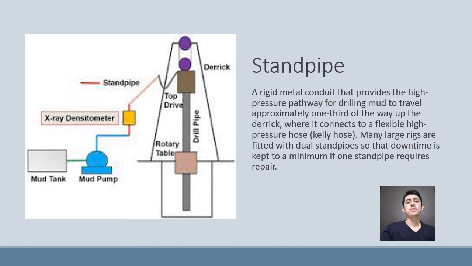Standpipe. The standpipe is a rigid metal conduit that provides the high pressure pathway for drilling mud to travel approximately 1/3 of the way up the derrick, where it connects to a flexible high pressure hose.